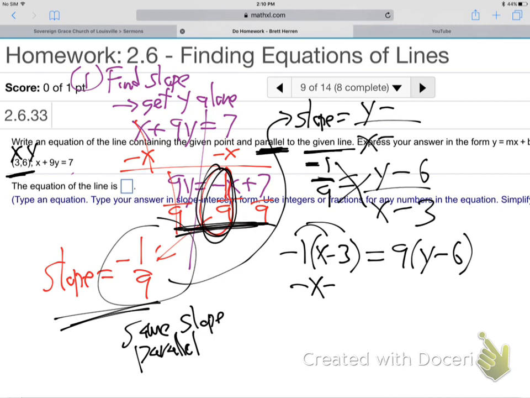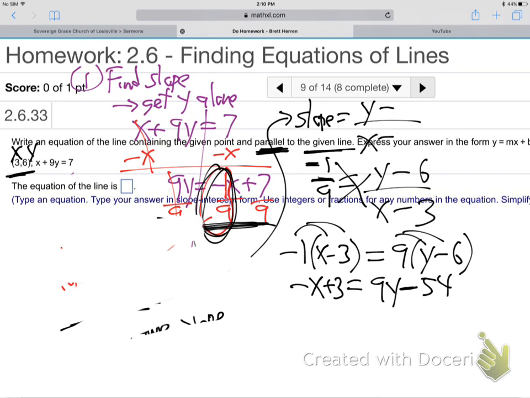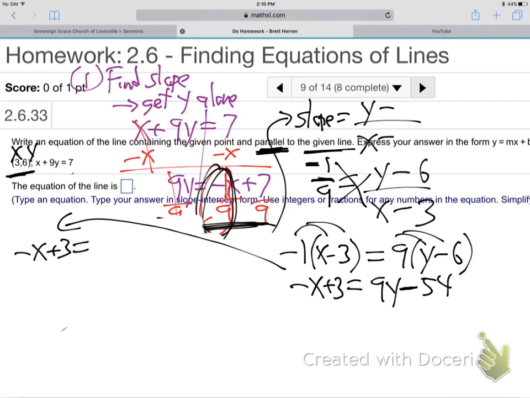Distribute minus x plus 3. Distribute 9y minus 54. Kind of running out of room here. Got to go over here. So minus x plus 3, 9y minus 54. Y's here, I don't want it to be alone. So add 54 to both sides.